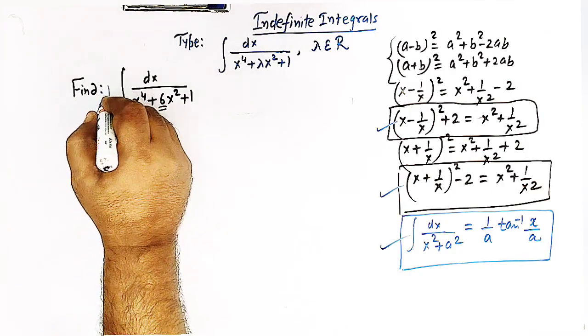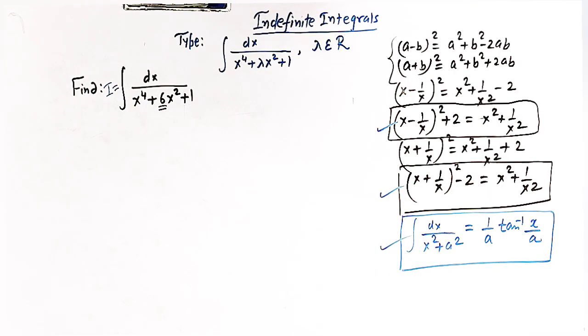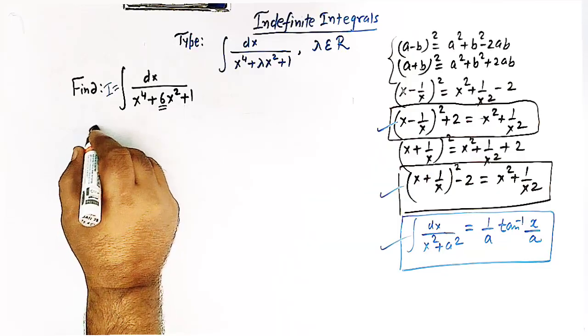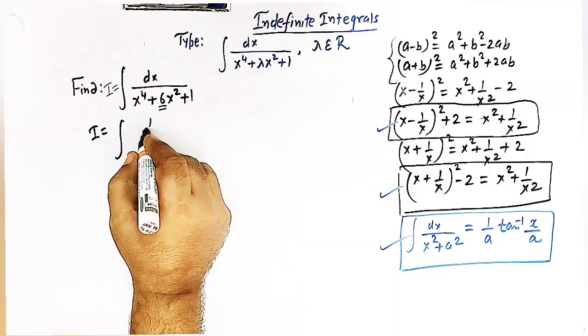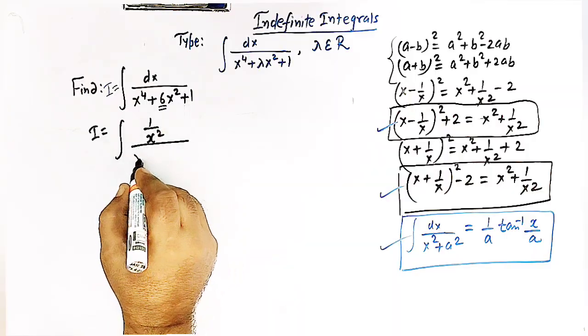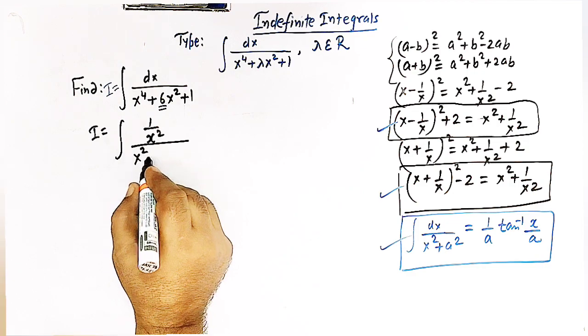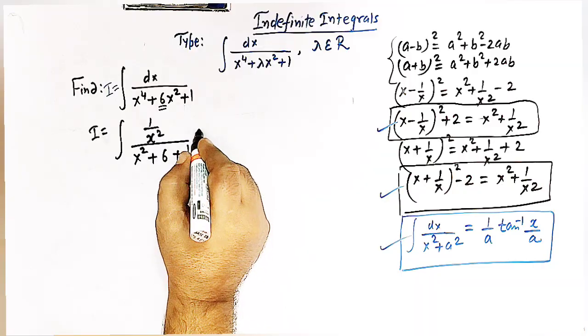So let us take this integral as I. Now let us divide the numerator and denominator by x square. So now this integral becomes 1 over x square, and here we have x square plus 6, and here we have 1 over x square, right?